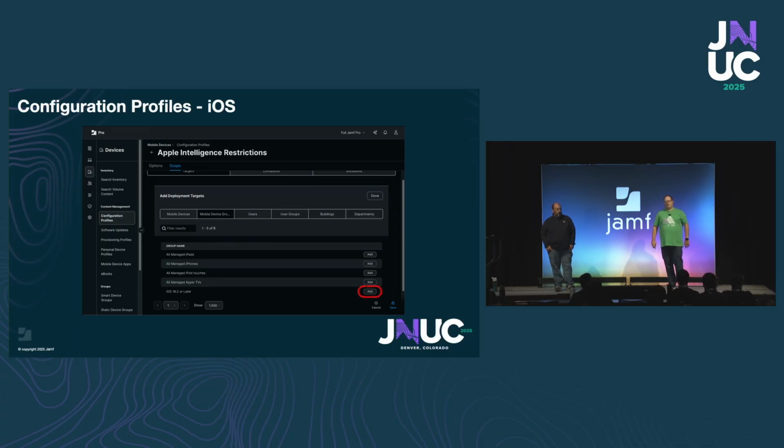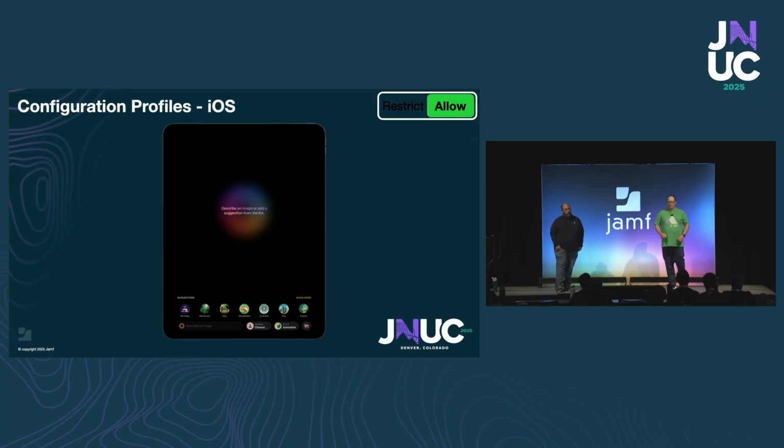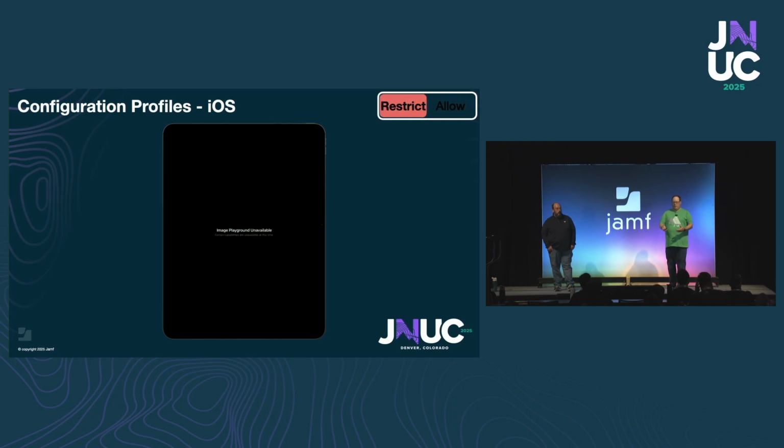On the user devices, to show you what the impact would be, if we open up an application like Image Playground, with it allowed, we're allowed to use the application, like we saw before we deployed a blueprint. If we restrict that functionality, we'll see error messages depending on what functionality we try to use.